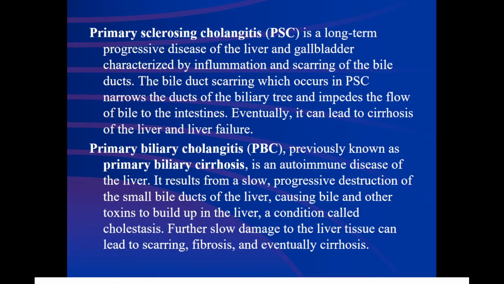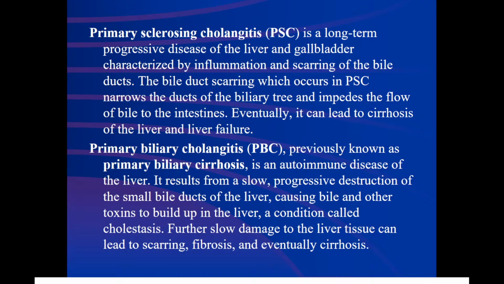Primary sclerosing cholangitis is a long-term progressive disease of the liver and gallbladder characterized by inflammation and scarring of the bile ducts. The bile duct scarring which occurs in PSC narrows the ducts of the biliary tree and impedes the flow of bile to the intestines. Eventually, it can lead to cirrhosis of the liver and liver failure.